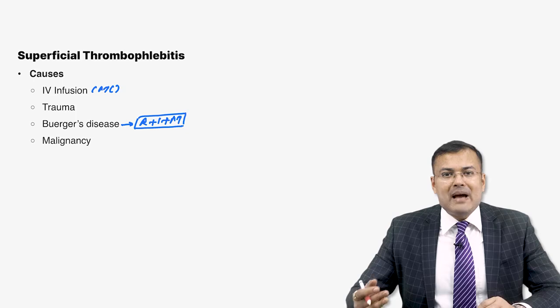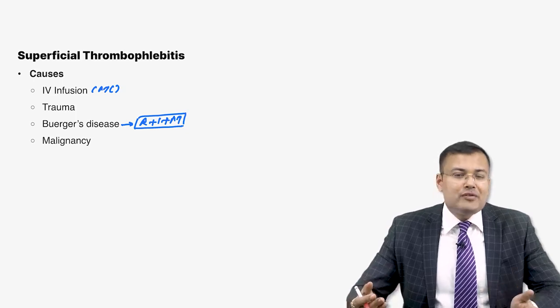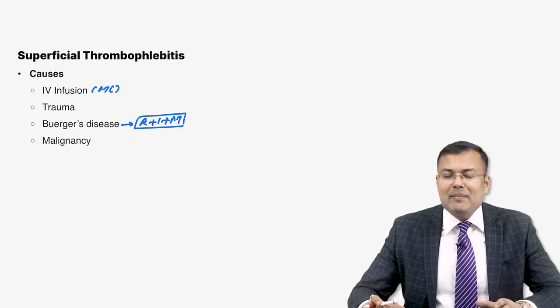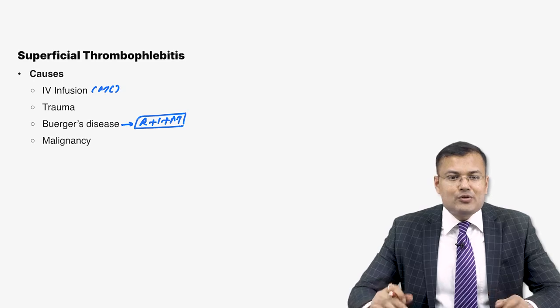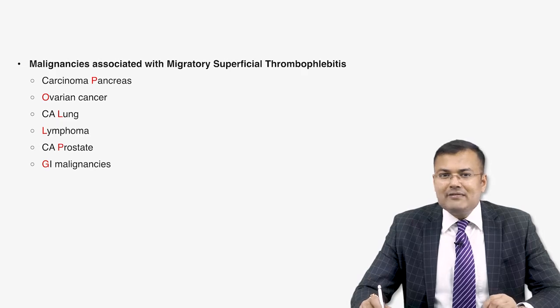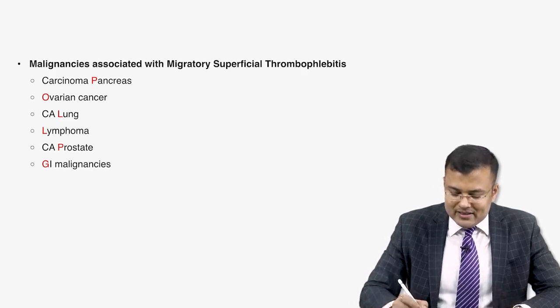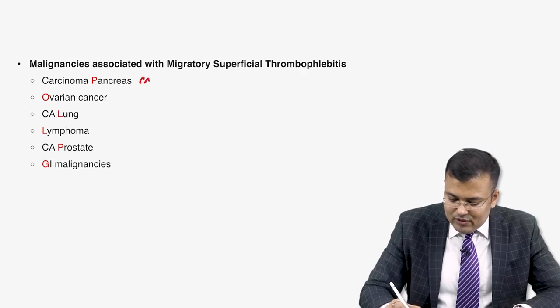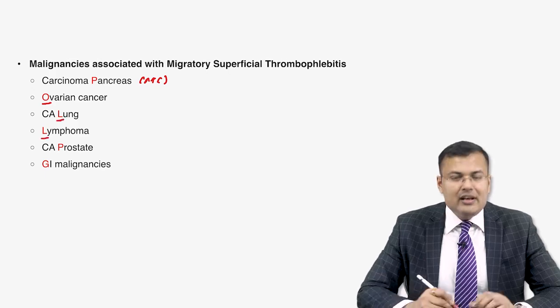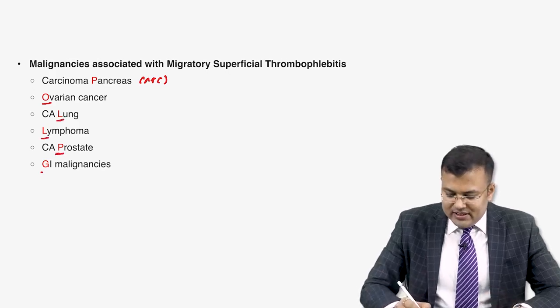After that, there are certain malignancies also which can cause superficial thrombophlebitis. Which malignancy? Guys, it is carcinoma pancreas, most commonly associated. Now see the malignancies associated with migratory superficial thrombophlebitis: carcinoma pancreas, most commonly associated, ovarian cancer, carcinoma lung, lymphomas, carcinoma prostate, and GI malignancies.